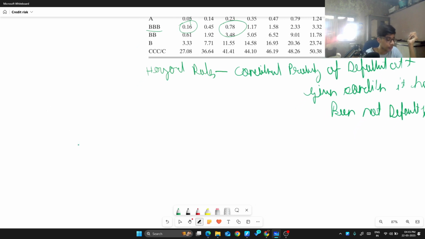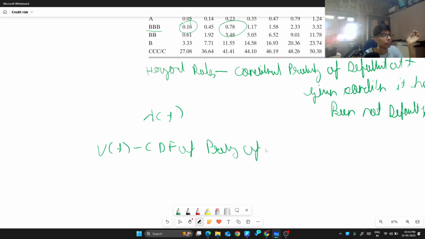The hazard rate is given by lambda(t), and V(t) is the cumulative probability of the company surviving till time t.